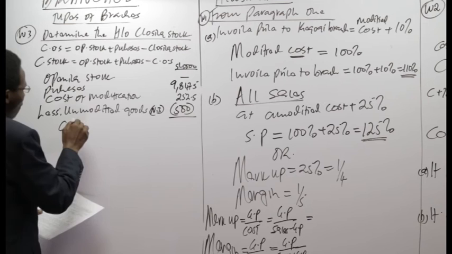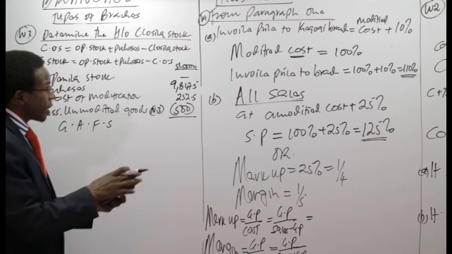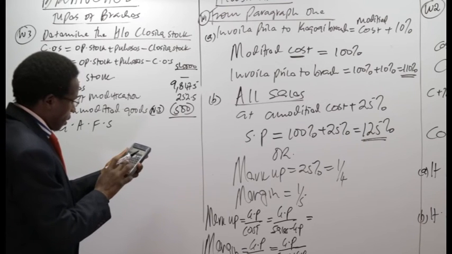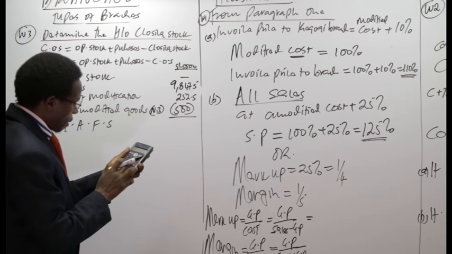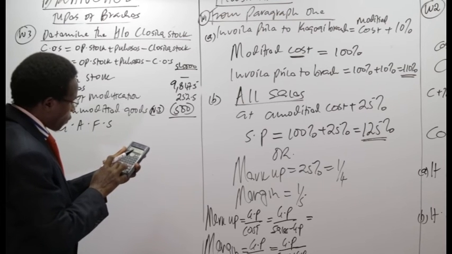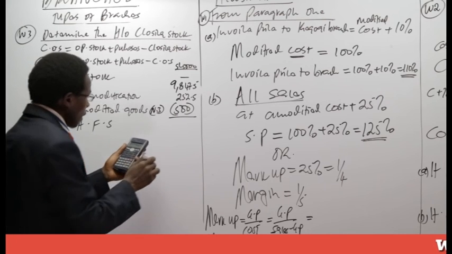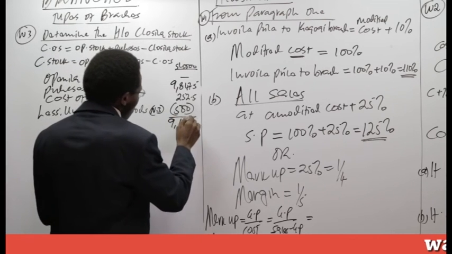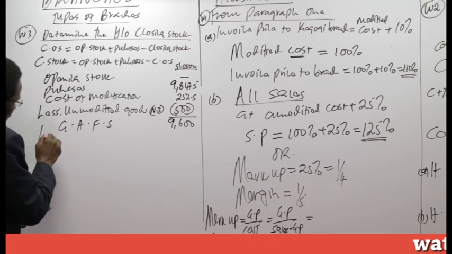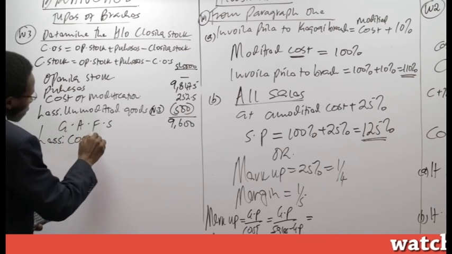So the goods available for sale, I take my calculator, I say 9,847.5 plus 252.5 minus 500. That comes to 9,600. Then I less the cost of sales.